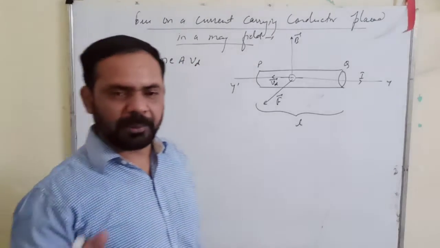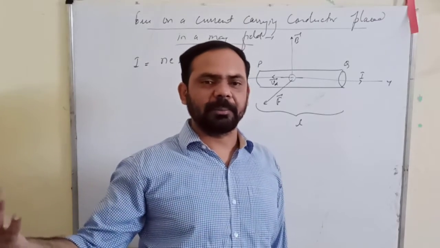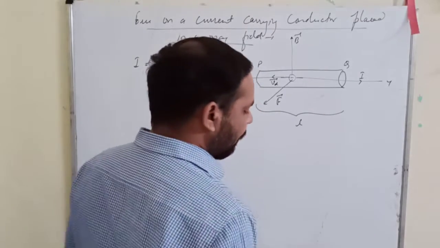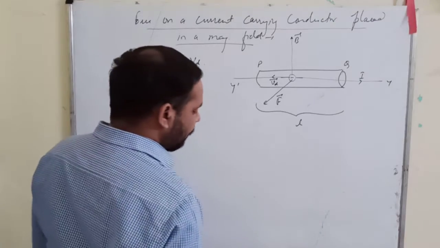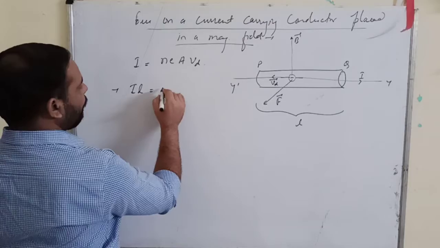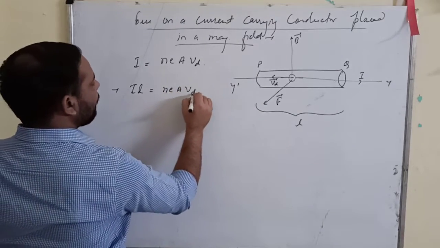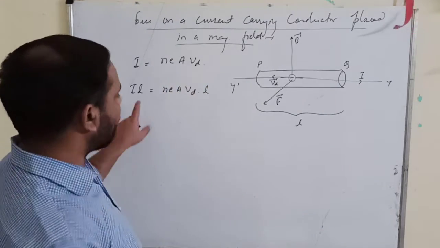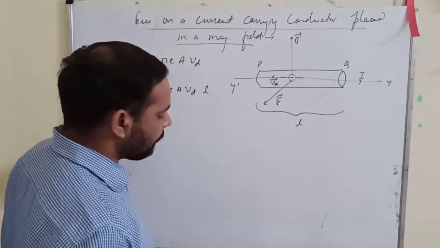We already obtained this formula in chapter 3. I is equal to NEAVd. Now how much will be IL? It will be NEAVd into L, multiplying both sides by L.